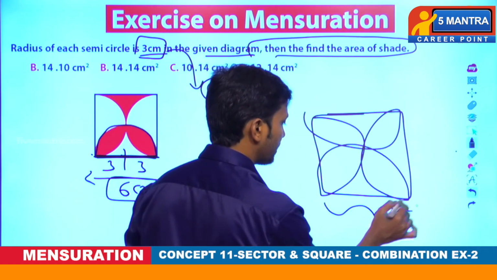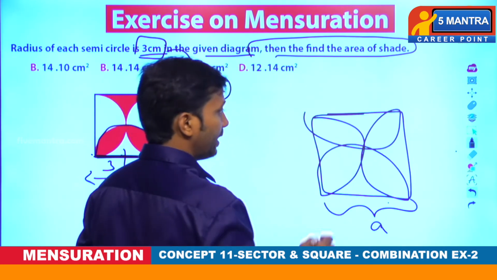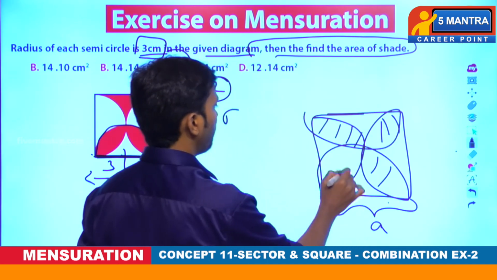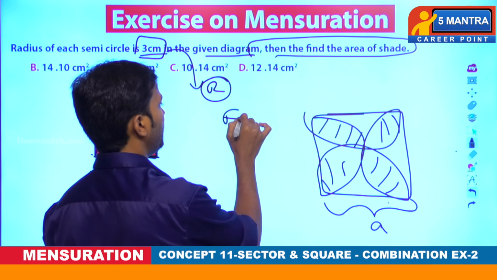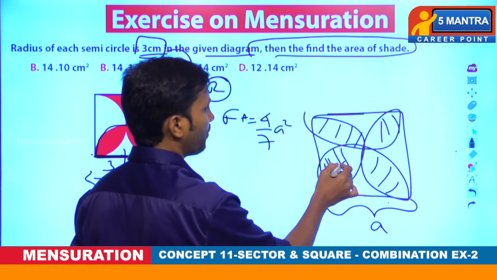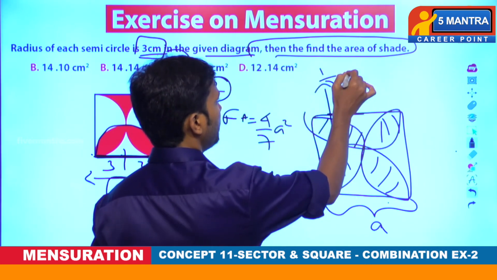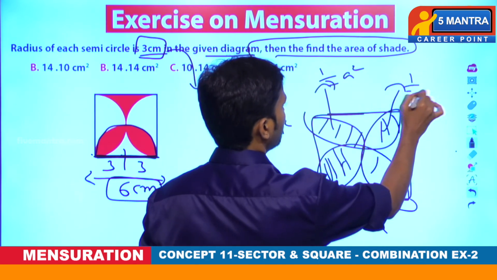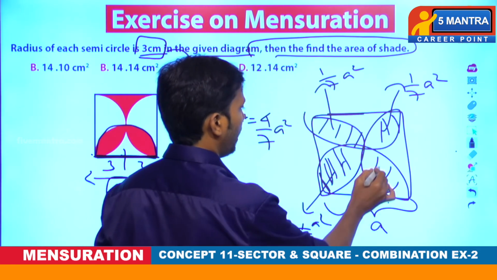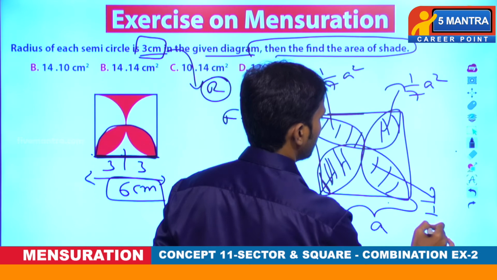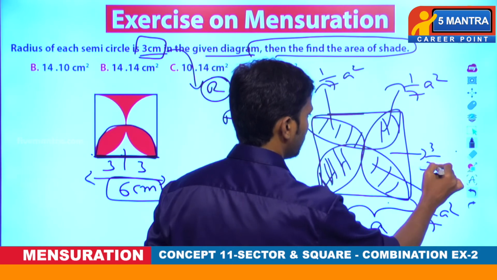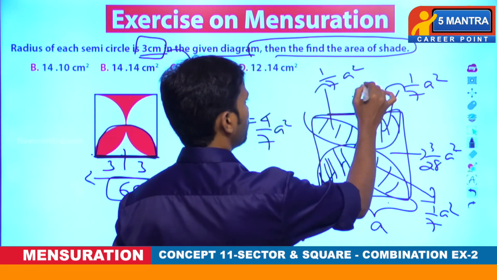Here, if the side of the square is a, then the total flower shape area would be 4 by 7 a square, which is equally divided into 4 flower petals, that is 1 by 7 a square each. And each gap is carrying how much? 3 by 28 a square, and likewise for all.